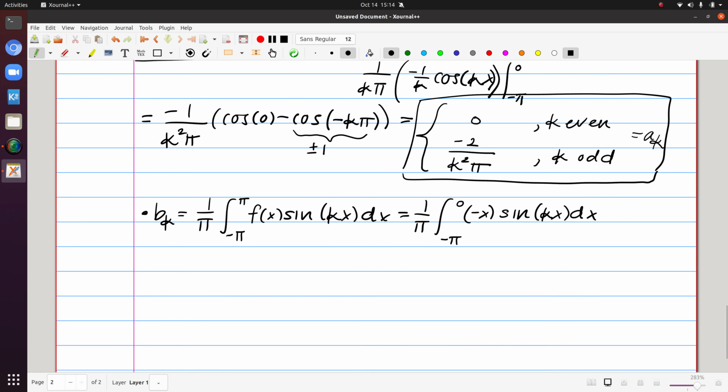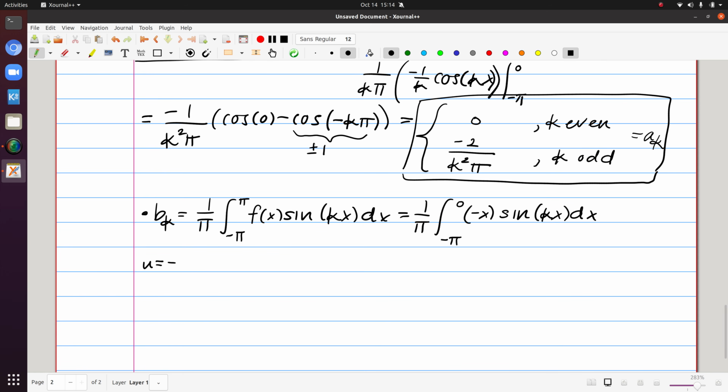So we'll use integration by parts again, letting u equal minus x, du equaling minus dx, dv equaling sine kx. And in this instance, the antiderivative would be minus 1 over k cosine kx.